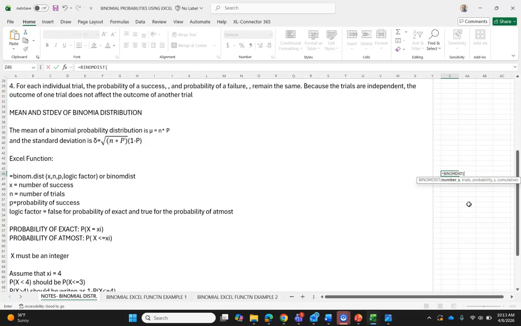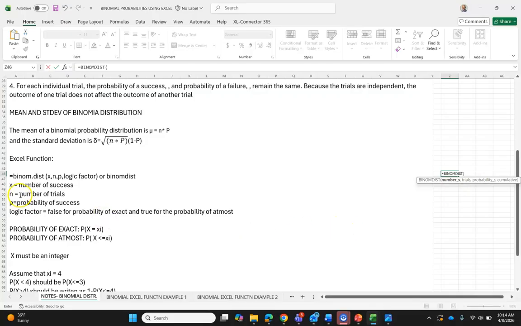You can see here you're supposed to put number_s, which is actually the X, and the trials, probability, and cumulative, which is the logic factor.